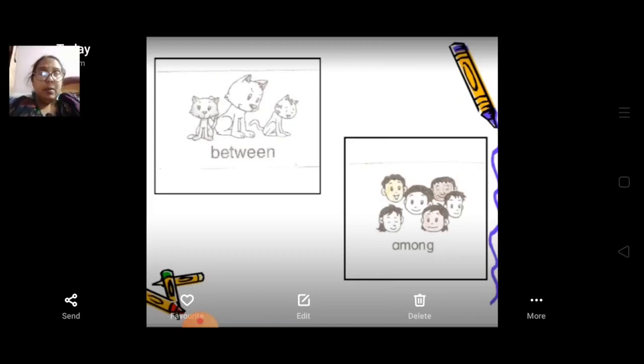But if we give one example that you can share these toffees between you and your friend Namita, it means you are sharing your toffees between two or three people. So in that case we are supposed to use between, and if we are talking about more children or more people, then we are supposed to use among.